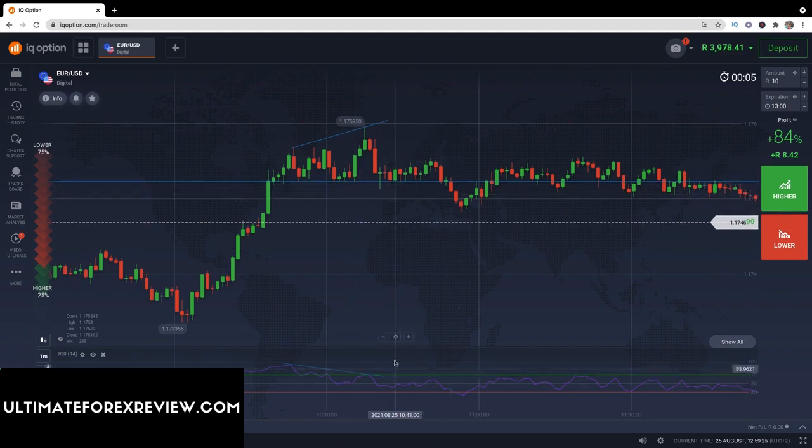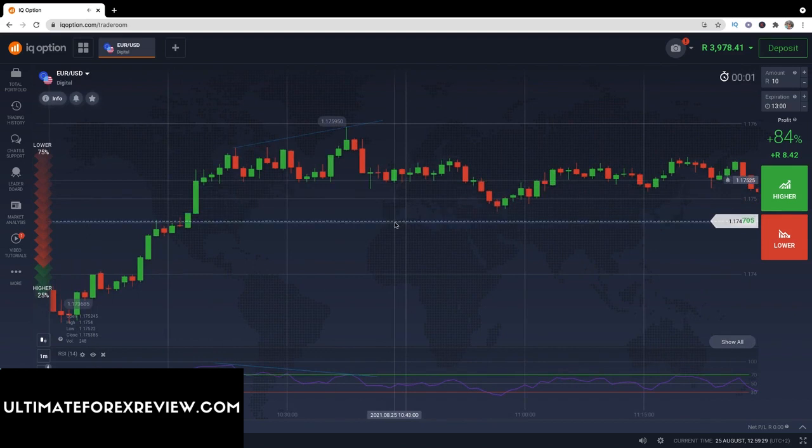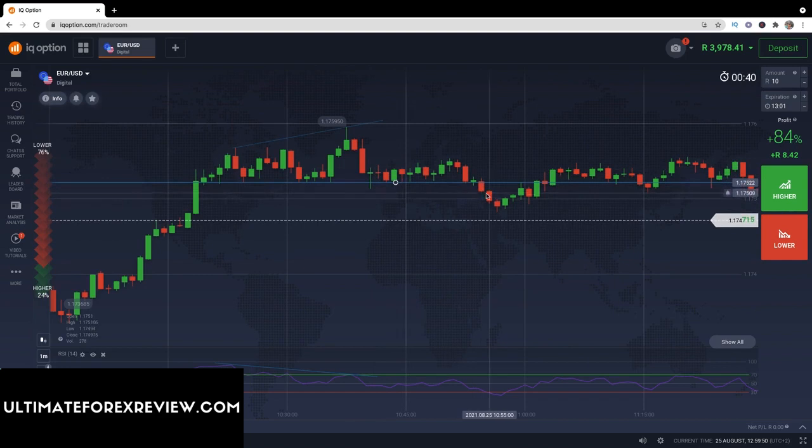And as you can see, let me just zoom in here so we've got it correct. That's our area of resistance where the candles have touched. We want a clear break and retest. Now here on this candle, we had a break, but not a clean break with no retest. We want price to break below and then come back up for the retest, which we had here, a break below.